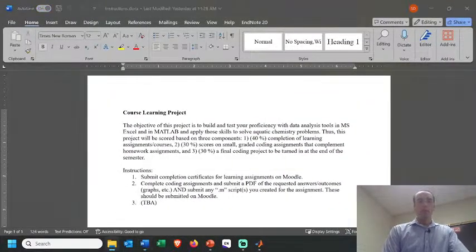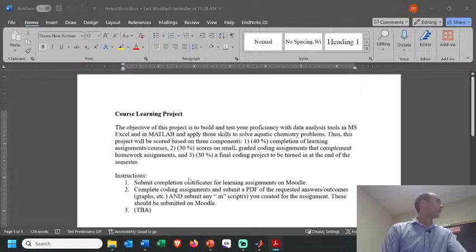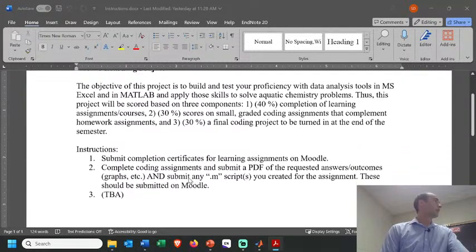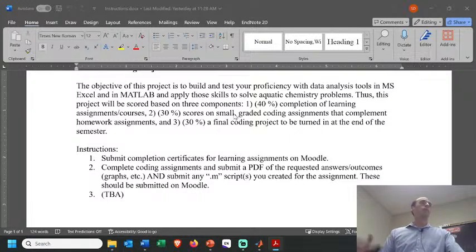So you can see my concept for that portion of your grade will be one part doing those completions, like you did the first time, and that'll be 40% of your term project grade. I'm going to add some small graded coding assignments, say, hey, upload your script and show me the figure that you made or something like that. Might add in a little bit of Excel there as well, just to see a little bit of both.